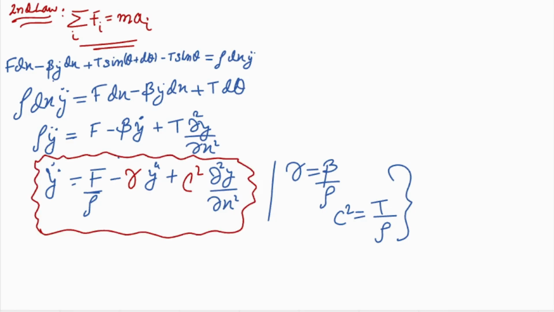So this is the equation of motion we derived for a one-dimensional string with damping and tension. Now we solve it for some initial conditions.